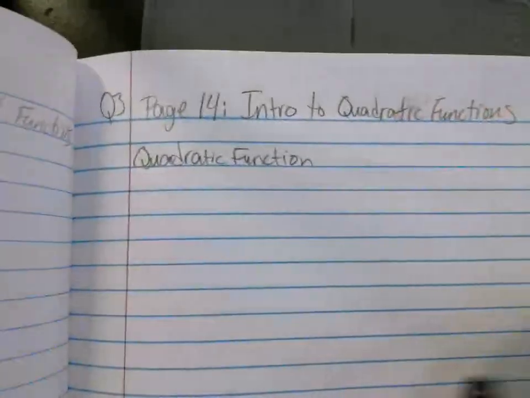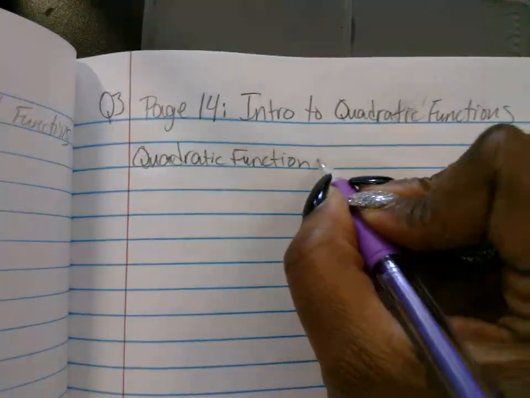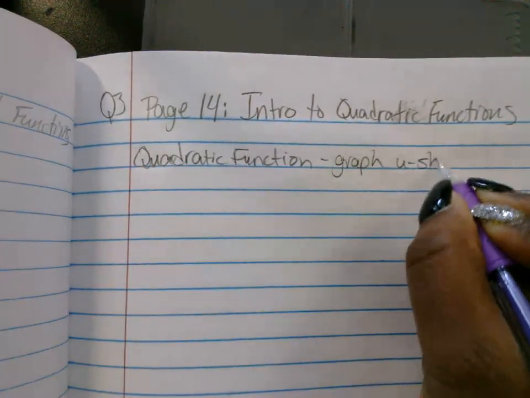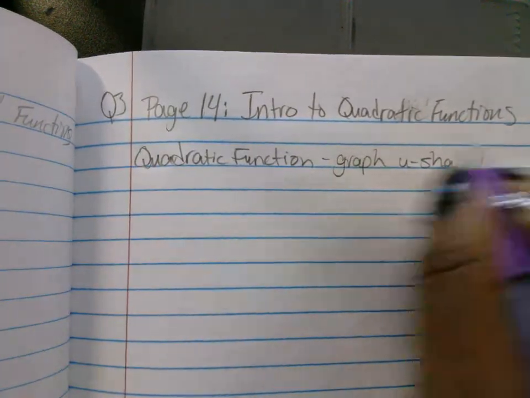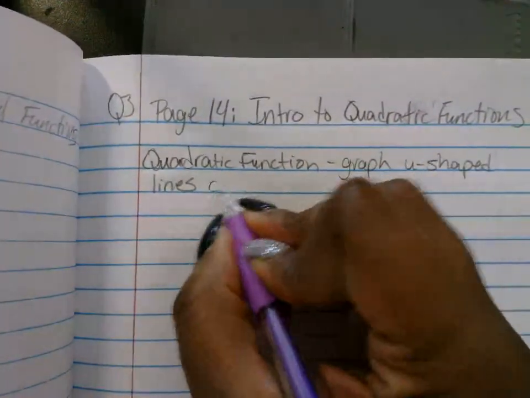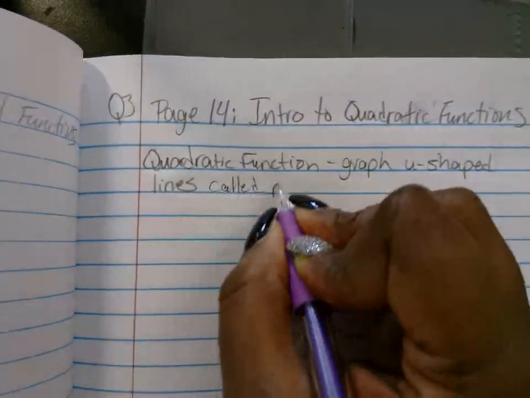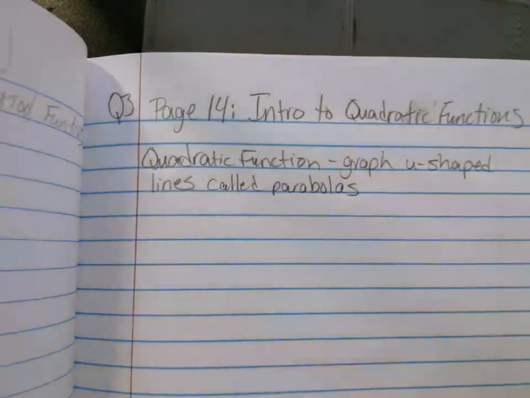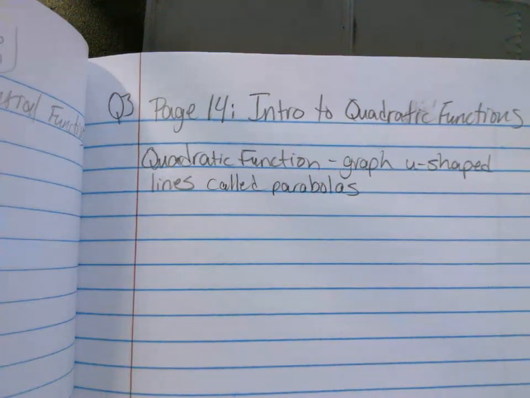Quadratic functions graph U-shaped lines called parabolas. A U-shaped line is called a parabola. A parabola is a U shape that's either going upward or downward.